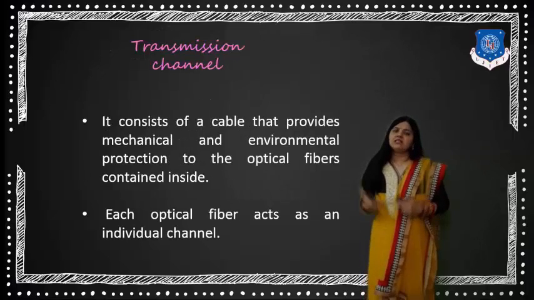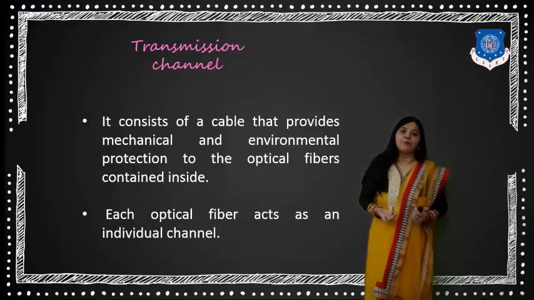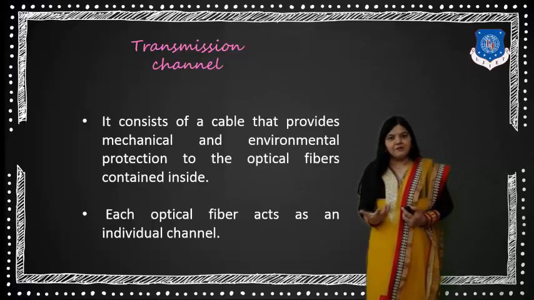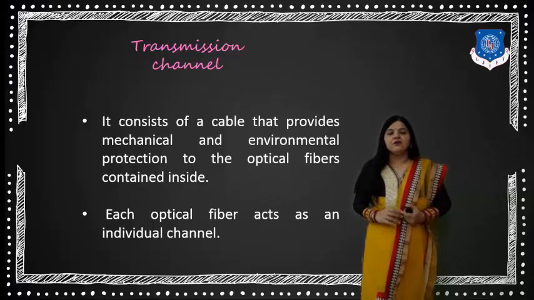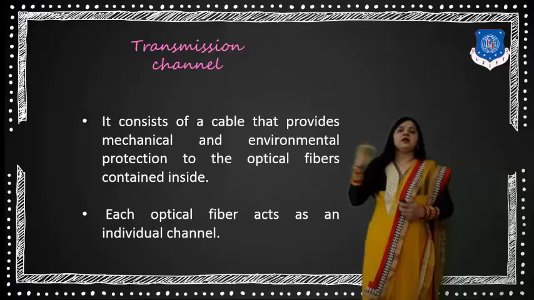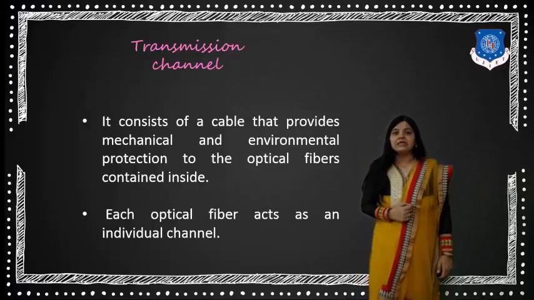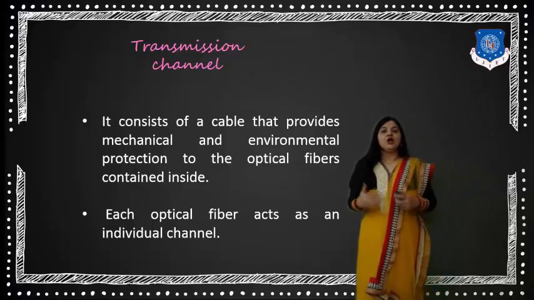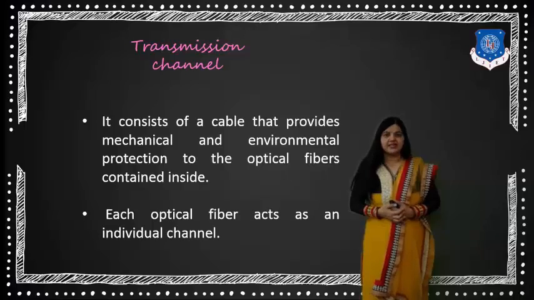Okay, now in the transmission channel, what is over here? The fiber optic cable. It can be the coaxial cable or copper wire in the ordinary phone system. It consists of the cable that provides mechanical and environmental protection to the optical fibers connected inside.